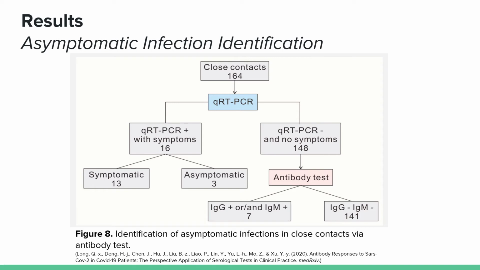This was confirmed via RT-PCR tests. The remaining 148 individuals showed no symptoms and had a negative RT-PCR result. Following the results of the serological assay, 7 individuals were confirmed to have increased levels of IgG and IgM, suggesting the presence of COVID-19.